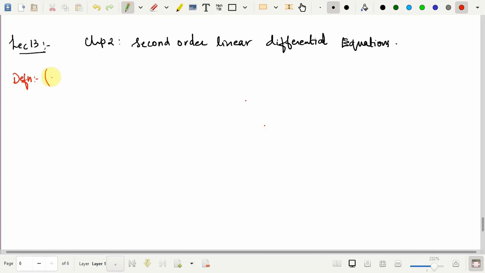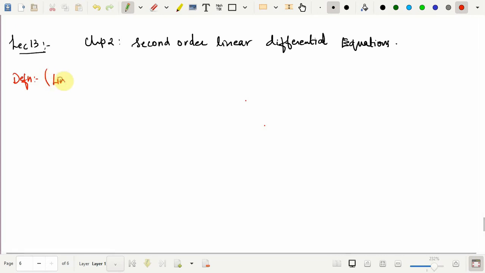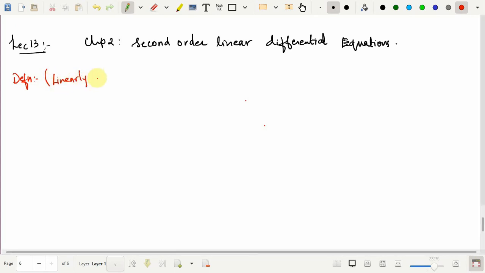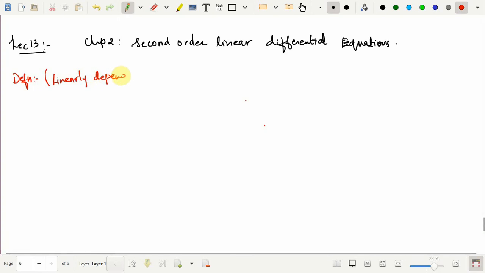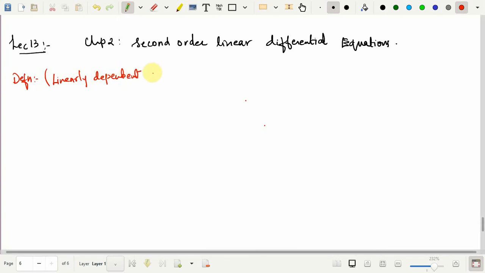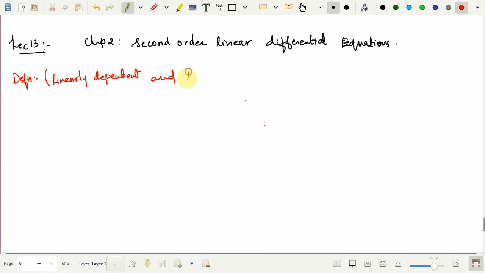So the first terms that we will define are linearly dependent and linearly independent.